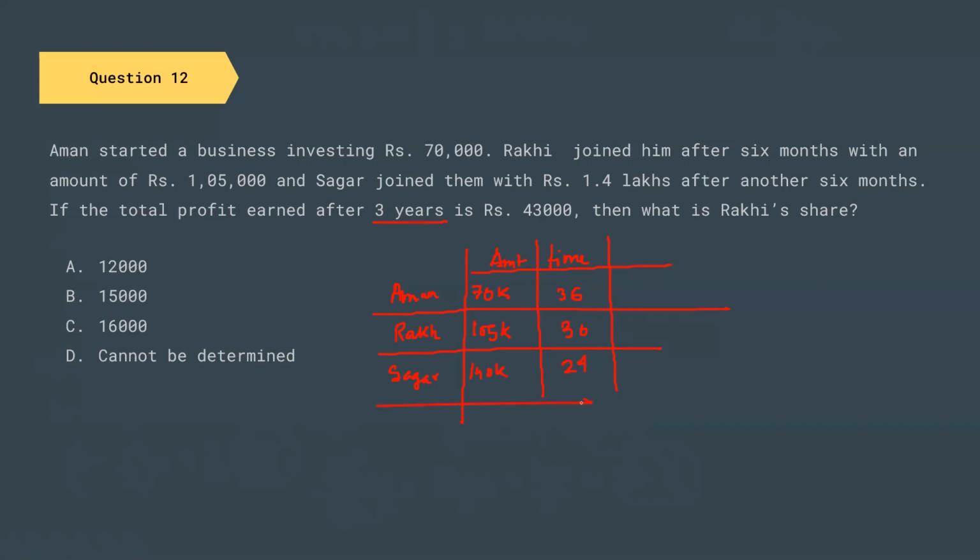Now the share of profit. The share of profit depends on the amount of money invested and the time for which that money was invested. So let us find out amount into time. That gives us 70k into 36, 105k into 30, and 140k into 24.